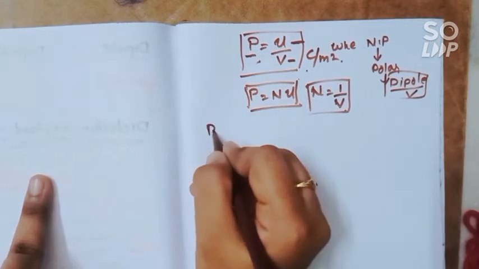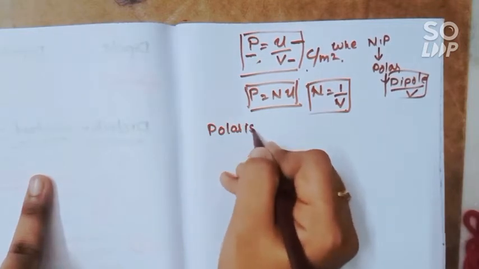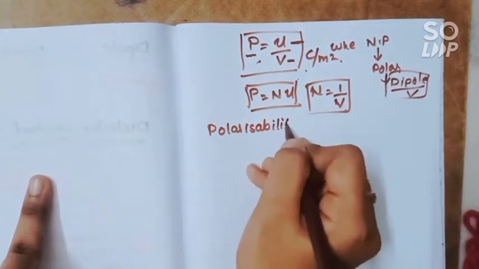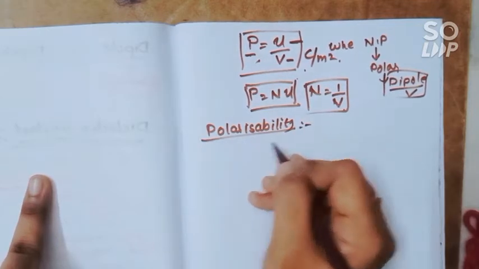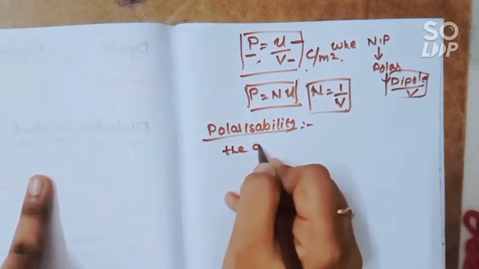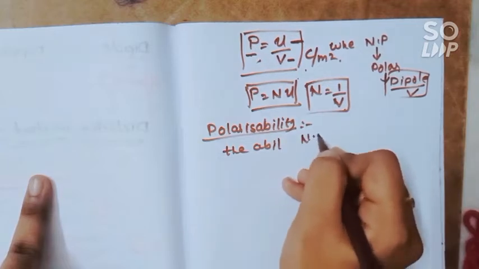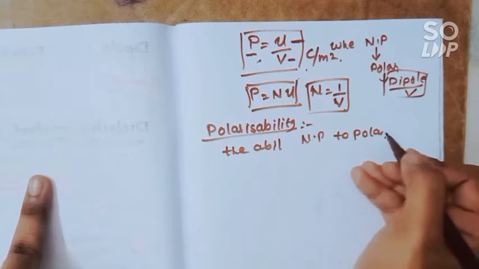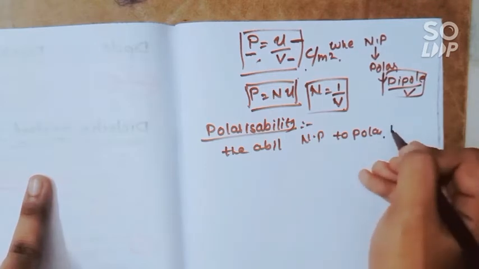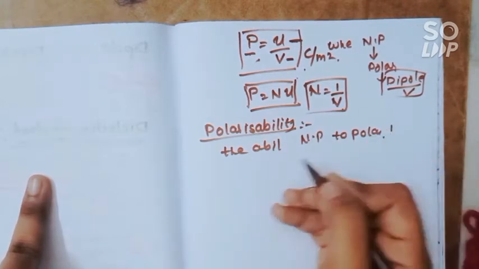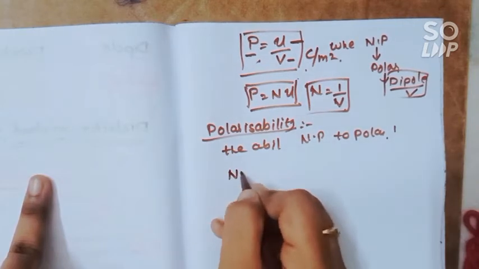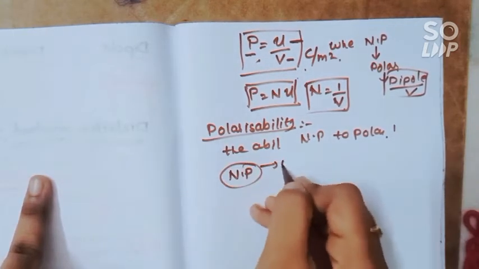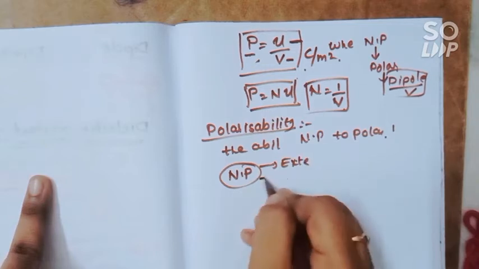Later, let's discuss what polarizability is. Polarizability means the ability to convert a non-polar material to a polar material. It explains how much the material gets polarized in an external electric field. When a non-polar material is placed in an external electric field, it gets polarized.